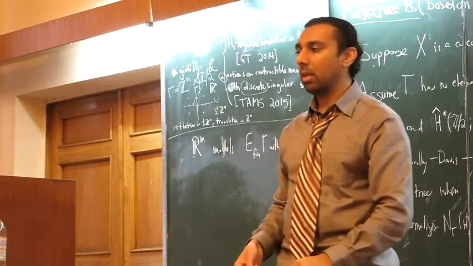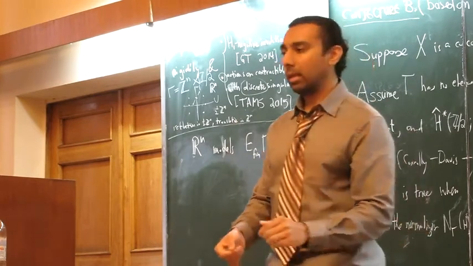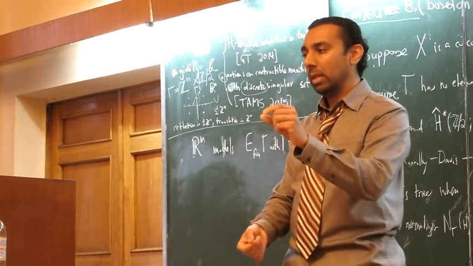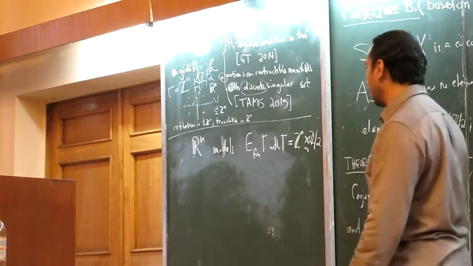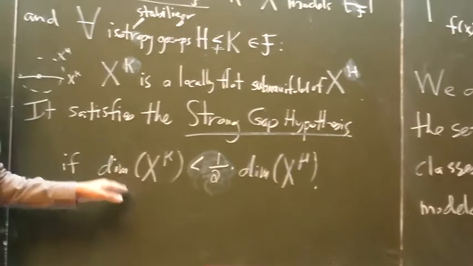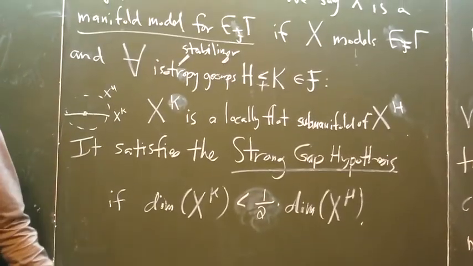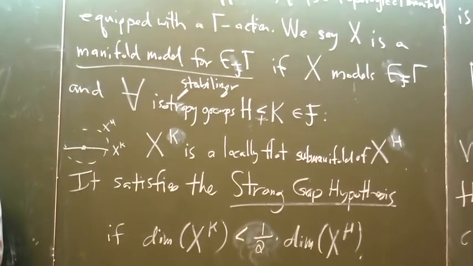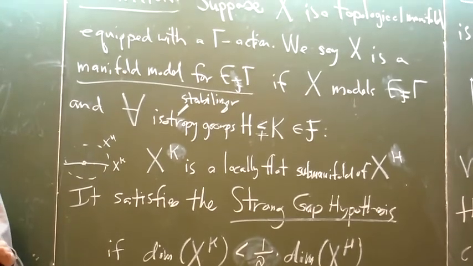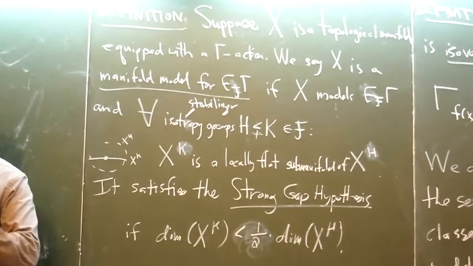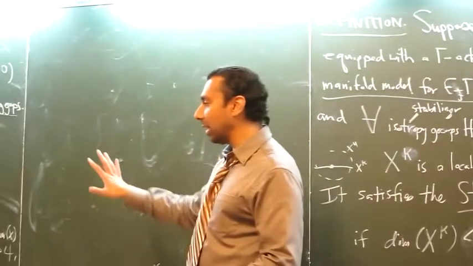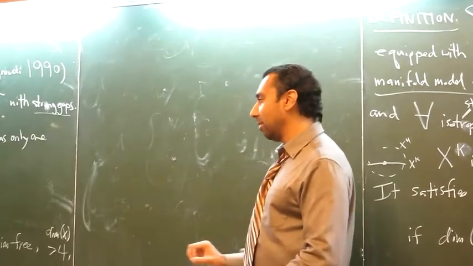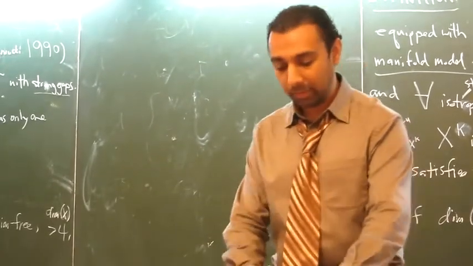H is trivial and K is of order 2. So you have a discrete singular set, and the strong gap hypothesis holds because this is 0. We have a program to understand what happens if you allow singularities that are not isolated. You have some semi-free action or some more complicated stratification, but then it gets very hard. So this is kind of a baby case, just isolated fixed points.